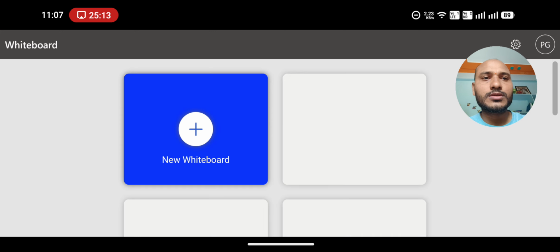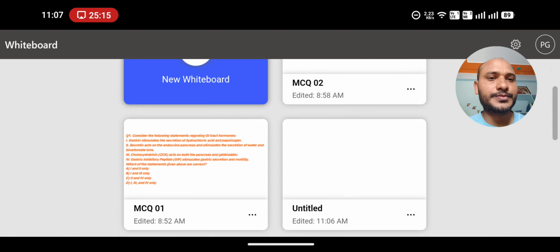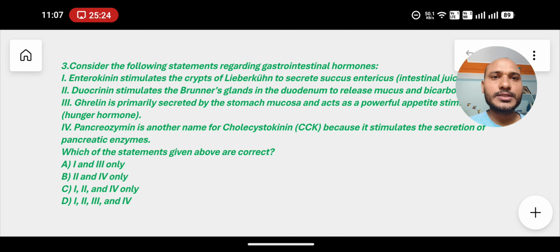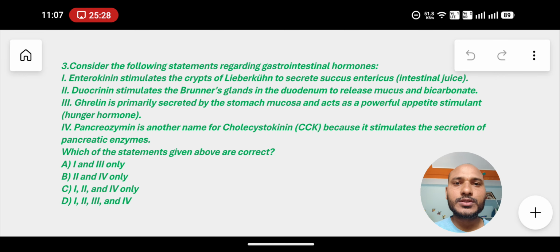One more and last MCQ: consider the following statements regarding the gastrointestinal hormones. Here also I have provided four multi-statement options. Read them: which of the statements given above are correct?